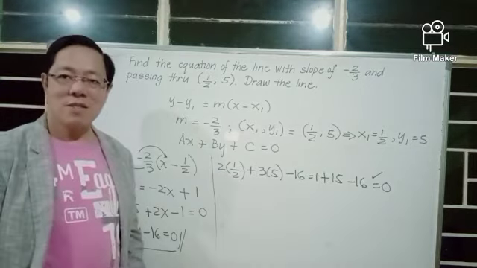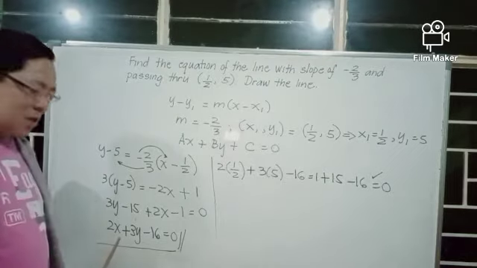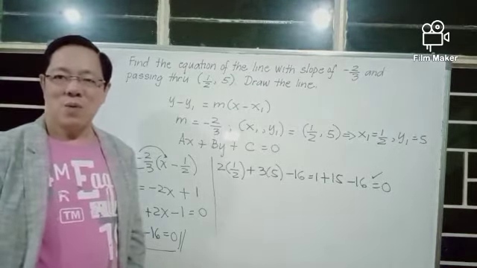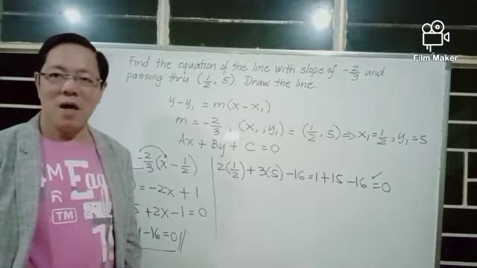Now we will sketch the graph of the line with equation 2x plus 3y minus 16 equals 0, and we will do that by finding the intercepts of the line.